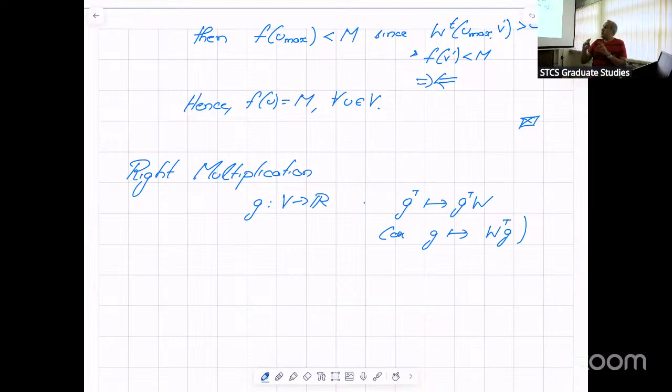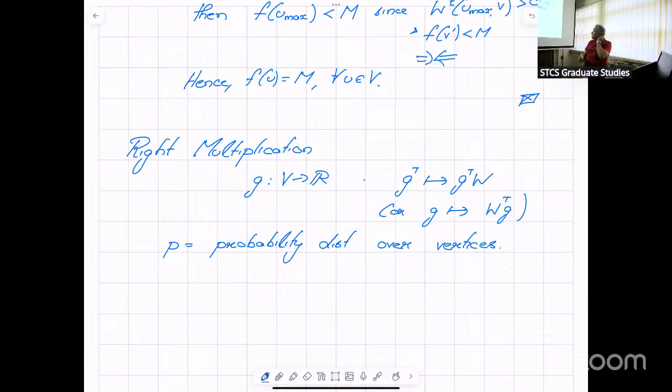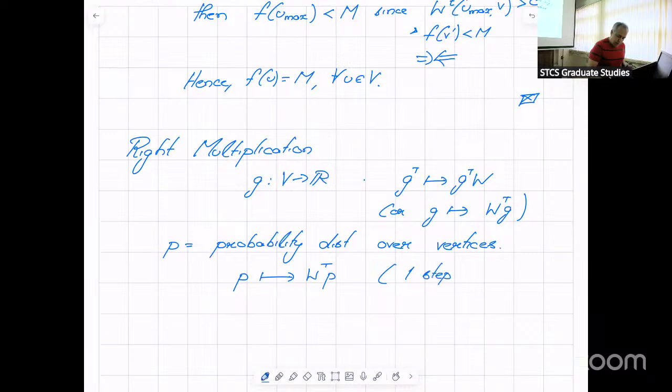But we saw that it has a special meaning when this vector actually looks like a probability distribution. If this G was actually a probability distribution over the vertices, then this step going from P to W transpose P is one step of the random walk, how the probability evolves.